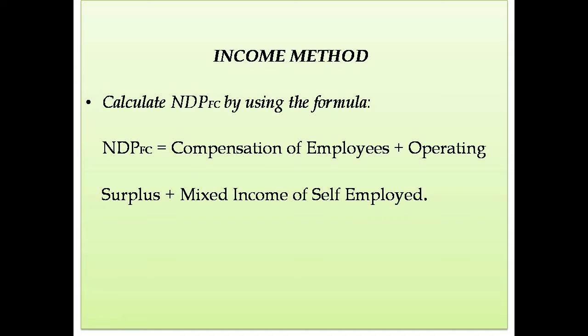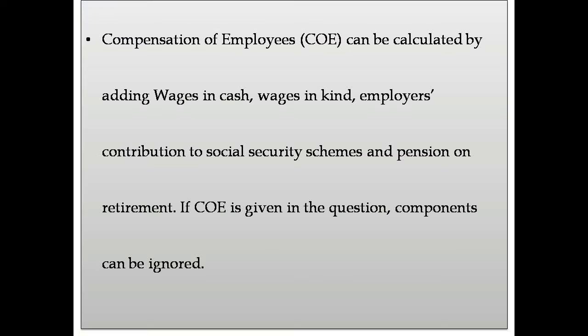Let's look into each component one by one. First one, compensation of employees or COE. COE can be calculated by adding wages in cash, wages received by the employees in the form of money. Then wages in kind.